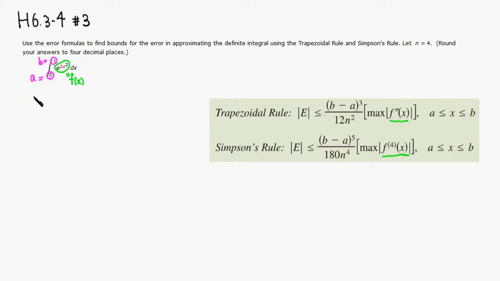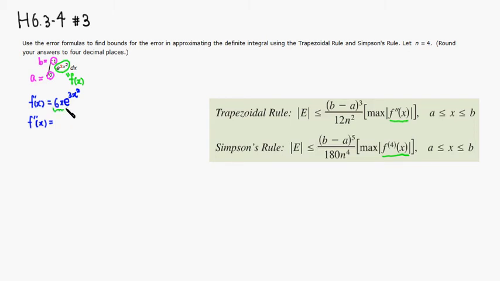First derivative, f prime of x, is the derivative of that: e to the 3x squared, multiplied by the derivative of the exponent, which is 6x. Then we take another derivative. For the second derivative we need to use the product rule.